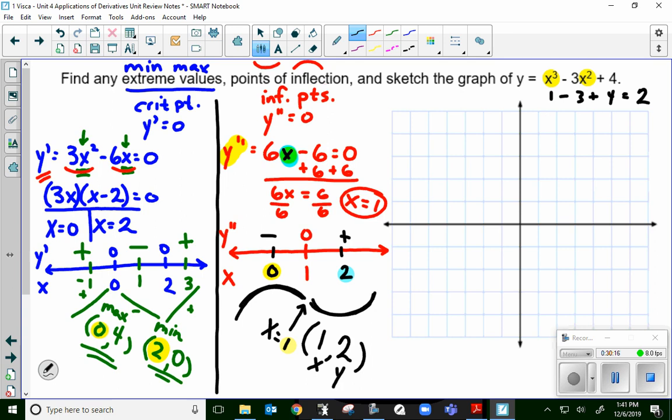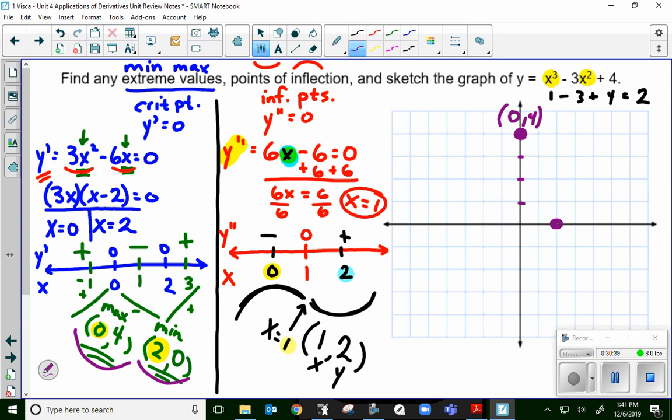Let's plot these things and see what happens. I'm going to put my max at 0, 4. 0, 1, 2, 3, 4, right there. 0, 4. That should be a mountaintop, a maximum. My minimum should be at 2, 0. 1, 2, that's right here.